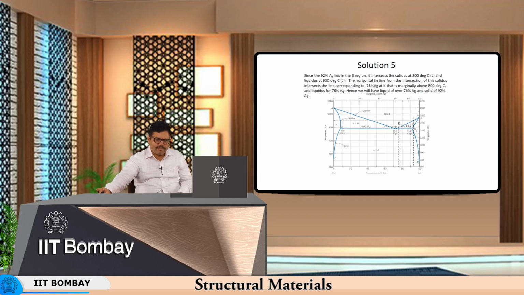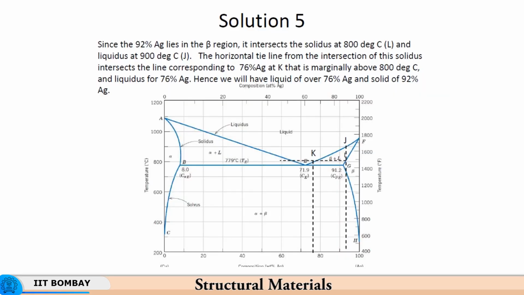So, this is the liquidus line, you will have a liquid having this composition and solid having that composition, and the proportion of solid and liquid will keep on changing as you go down the temperature.